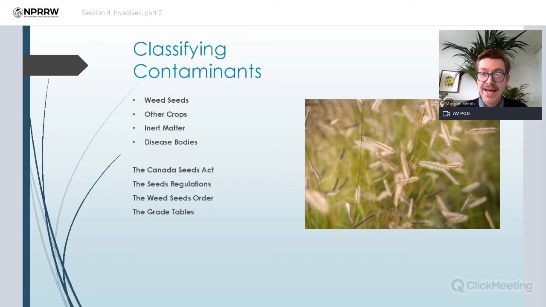The Canada Seeds Act, the seeds regulations, which are the functioning rules under the Canada Seeds Act, the weed seeds order, and the grade tables, which are part of the seeds regulations. And so there's a picture here of Side Oats Grama.